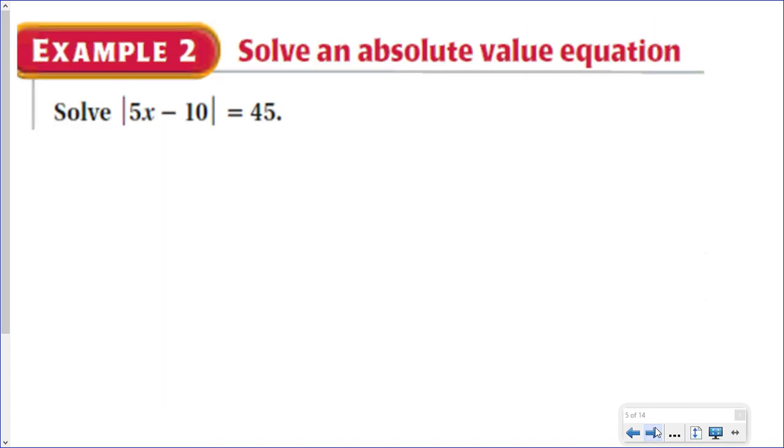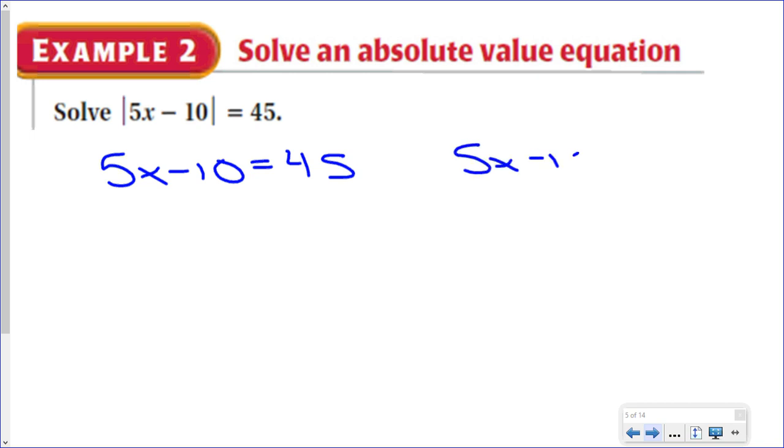A little bit tougher, but not too bad. The first equation you copy down, just like you see it. Nothing changes except you drop the absolute value. The second equation you write, you just switch the sign on the part that's across from absolute value.